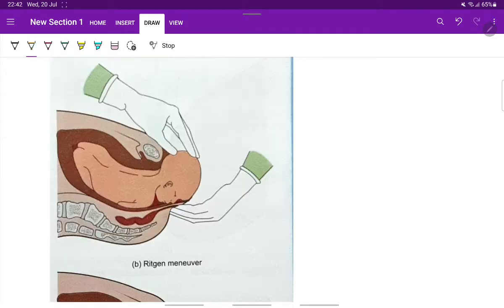This image shows the modified Ritgen maneuver, in which we use one hand to give a forward pressure on the chin of the fetus, and this hand is placed just in front of the anus near the perineum, and we use the other hand to exert pressure against the occiput of the fetus.